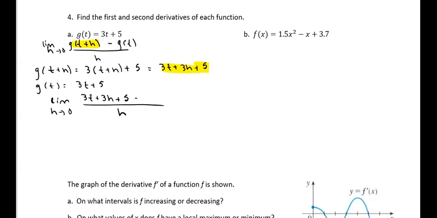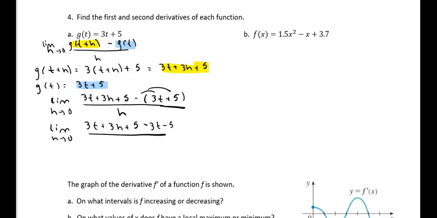So we have g of t. G of t is right here. Be careful, you're subtracting. Put it in parentheses so that you do not lose your subtraction sign from the front, because you need to be able to distribute that negative. So it'll look like 3t plus 3h plus 5 minus 3t minus 5.